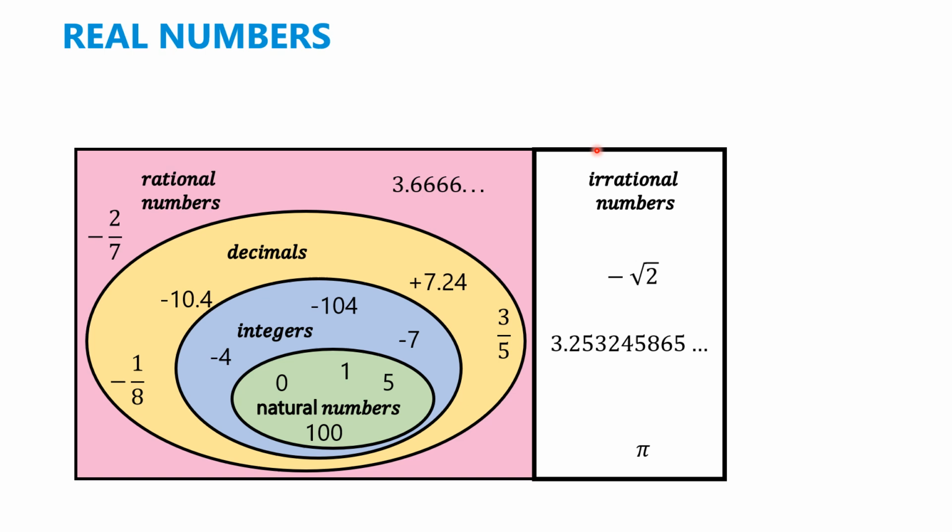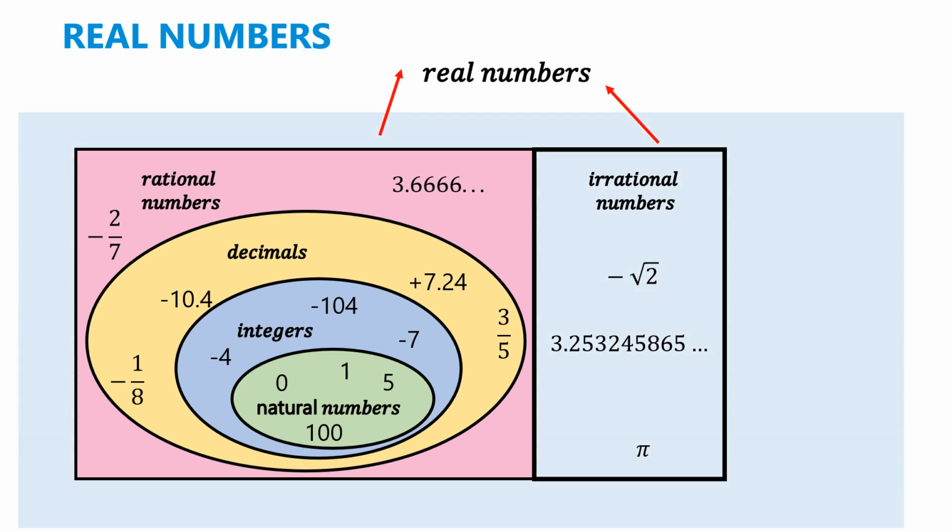While the other box, the irrational numbers, cannot be written as a fraction, and if we look at the decimal part, it's not limited and it's not repetitive. So these are called real numbers.